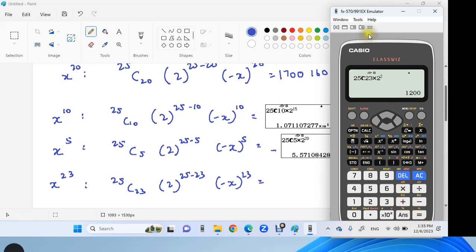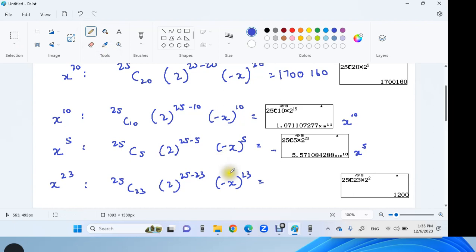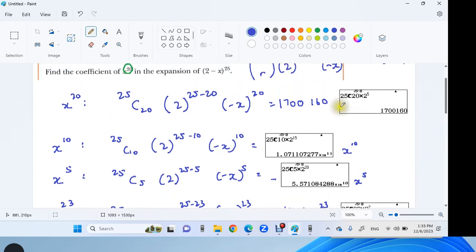Okay, so this is 1200. But because the negative 1 to the power of 23 is negative, it will become negative 1200 x to the power of 23.